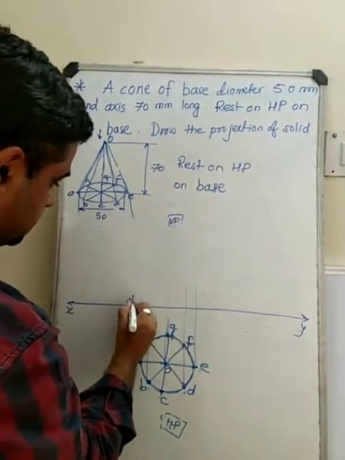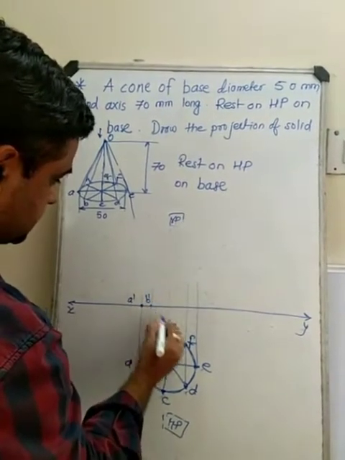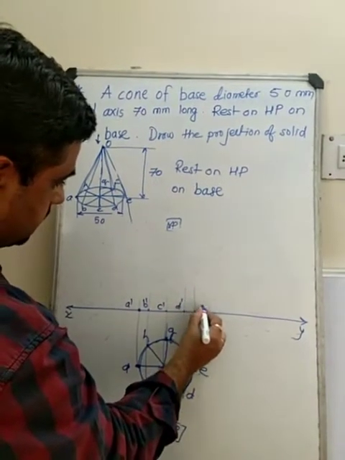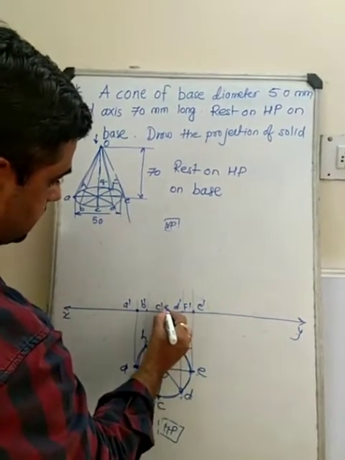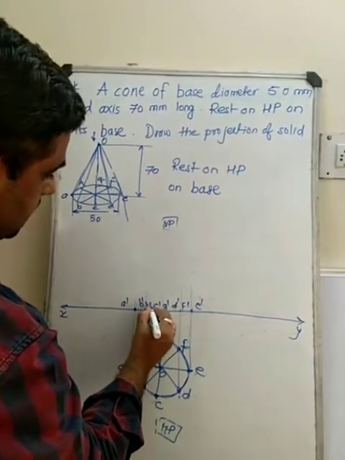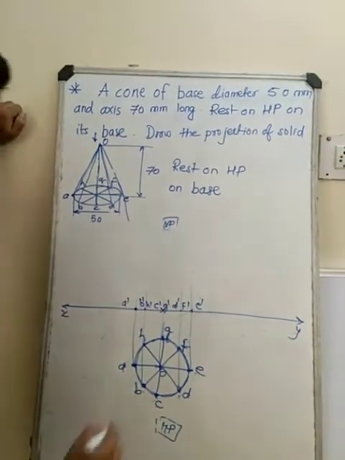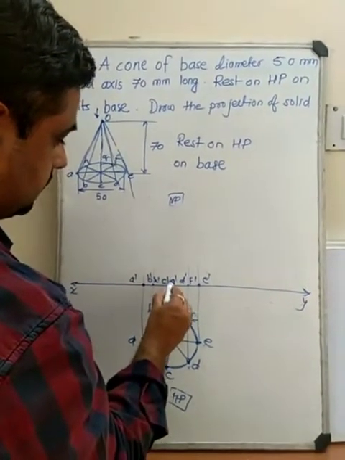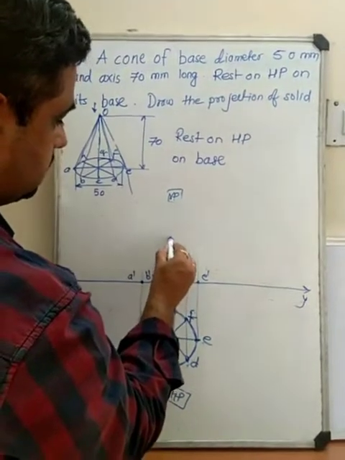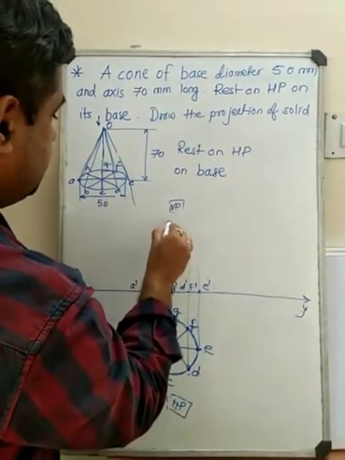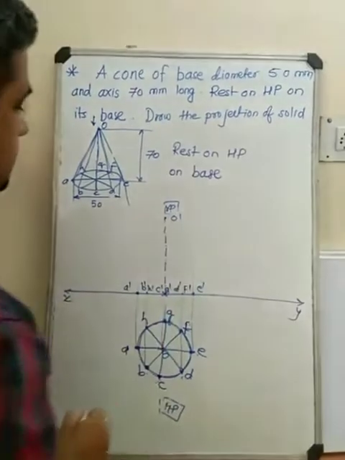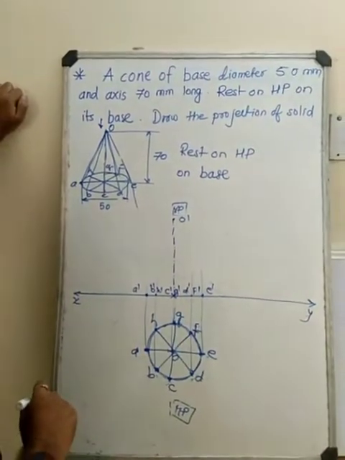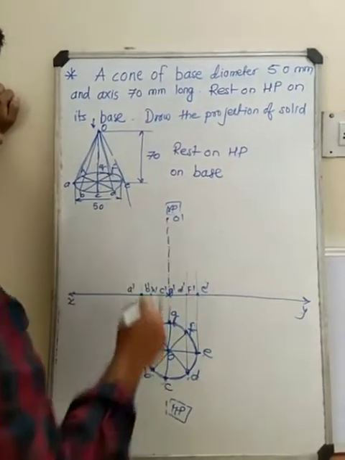That means here A dash, B dash, C dash, D dash, E dash, F dash, G dash, H dash, and this is the base axis. Now the height of O is 70 mm. This is your O dash.